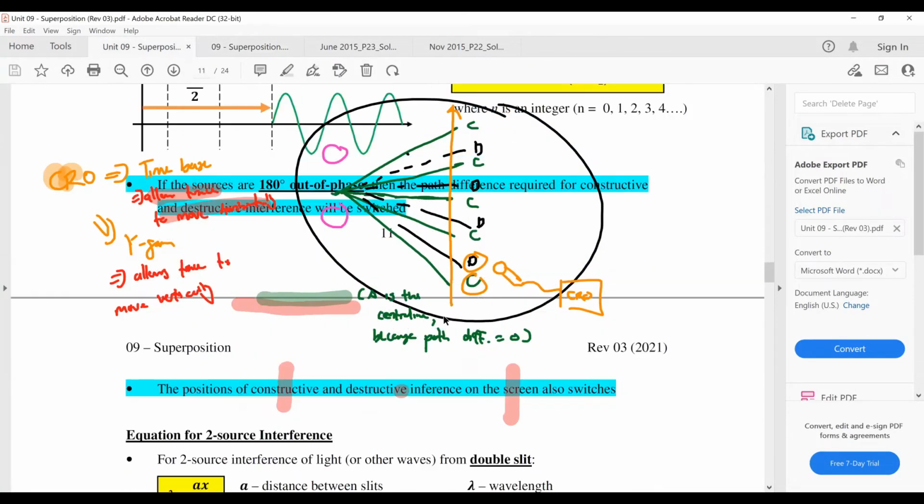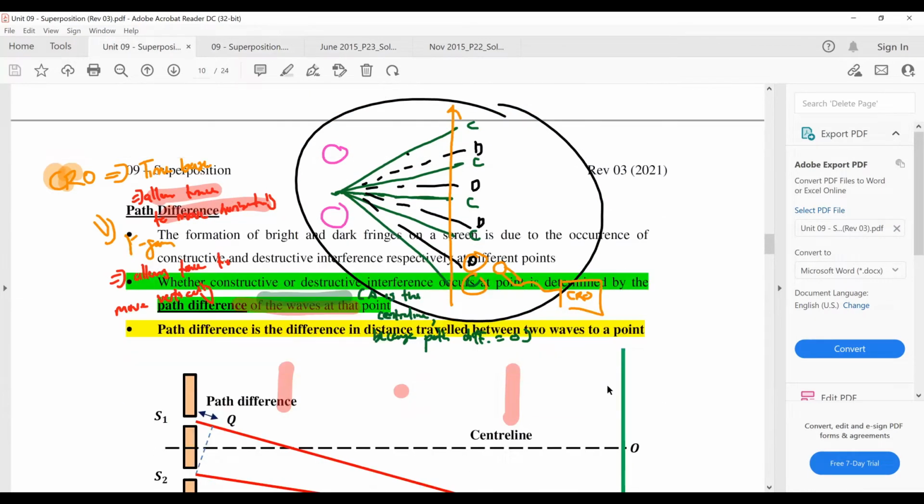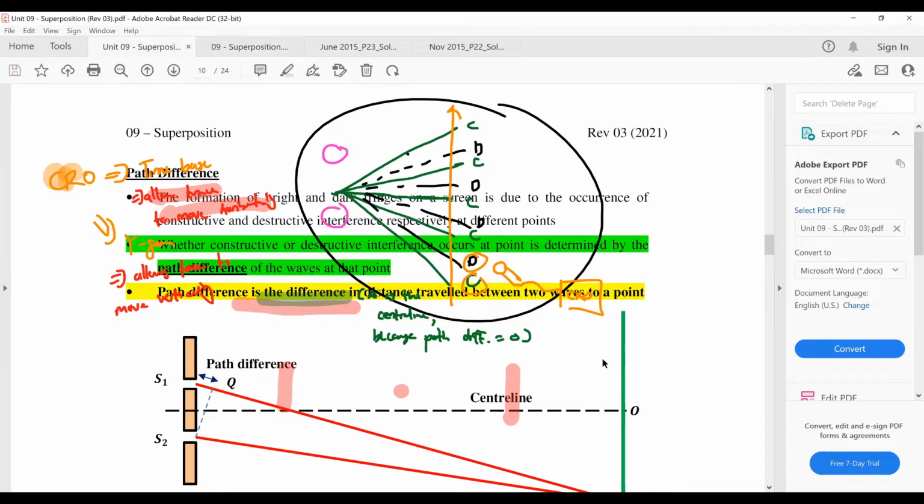Okay, because I think I can show it from here. Now I refer back to this one. This one is under page 10 of your notes, the part where I first described to you path difference. Remember, this one is your center line. Okay, so if you have waves from S1 and S2 moving to the center line, this one moves dot dot dot dot dot here, this one moves dot dot dot dot dot here.